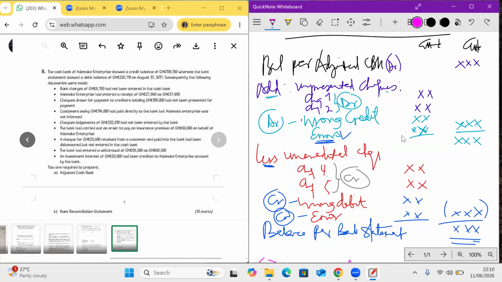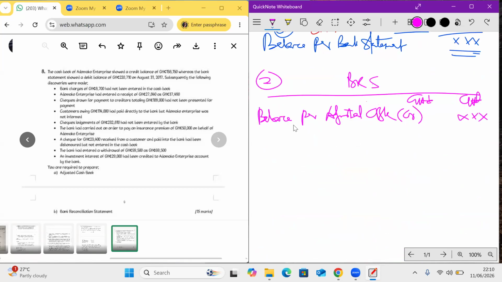The uncredited checks. So you come here because you are beginning with the balance from the credit side. We will rather add uncredited checks. So I'm just going to repeat all that I've written under the uncredited checks portion here. Check 4, check 5.